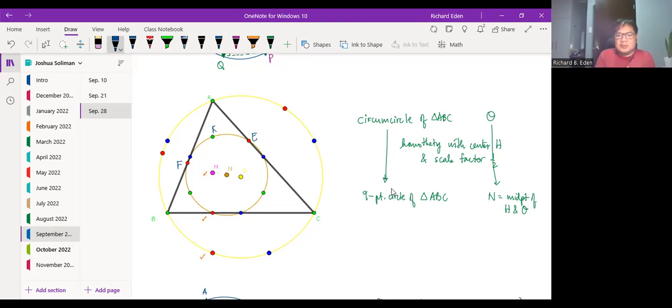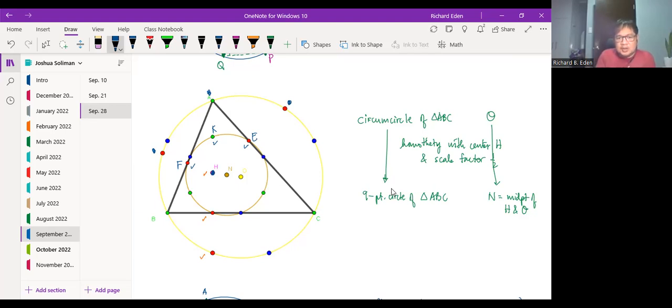So the center of homothety is H. So ngayon, ang images ng K, E, and F are these. Ito. This. Ano po kasi yung significance po niyan? Baka nung red na yun. So A is one of the vertices.